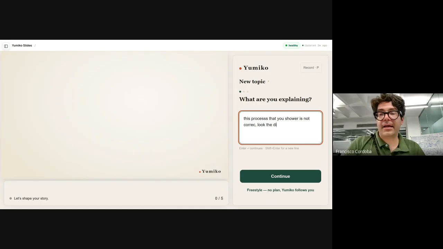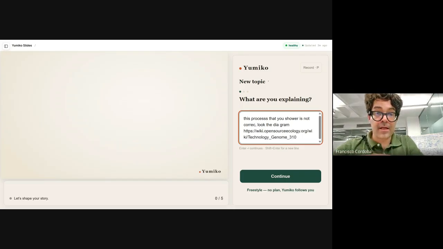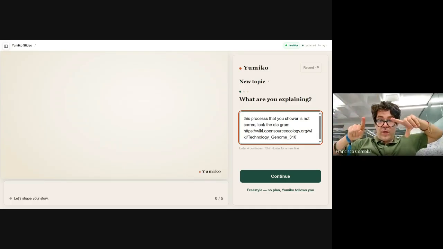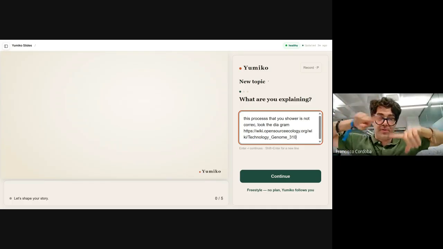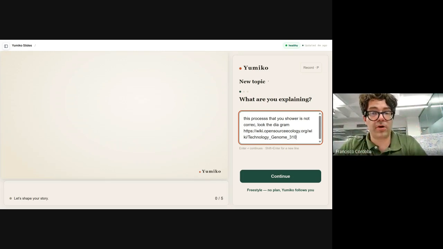Look at the diagram of, and then you can paste the URL, very specific, and then send. In that way, we check all the elements from the feedback and incorporate them in a new version. So this is going to be the process: literally an AI building a system based on human feedback to make the system real and optimal.